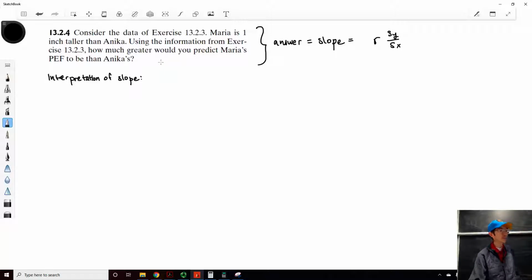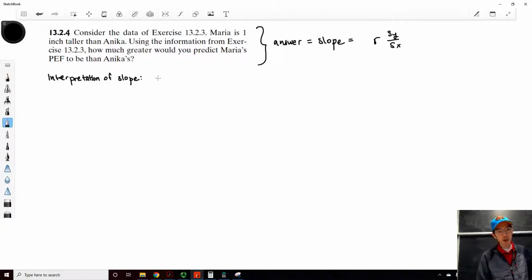It's not really that. We treat our data as fixed, so it's not like we can take someone and just stretch them out 1 inch. But if you have one person and another person whose measurement is 1 unit higher, in this case Maria is 1 inch taller than Annika, then our prediction for Maria would be whatever size the slope is more than Annika's.